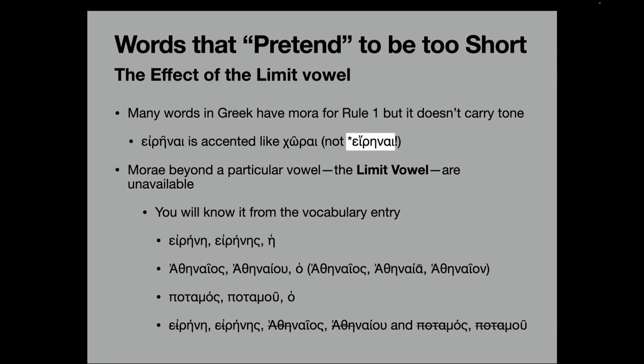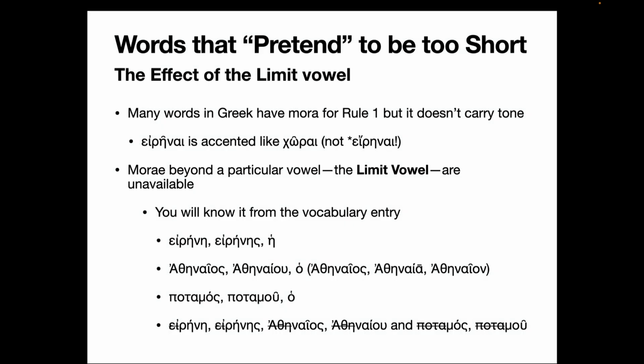But the difference with eiranai is that it actually has mora 4. So what's going on here? And this is the effect of what I call the limit vowel. And what a limit vowel does is make any mora to its left unavailable to carry the high tone.